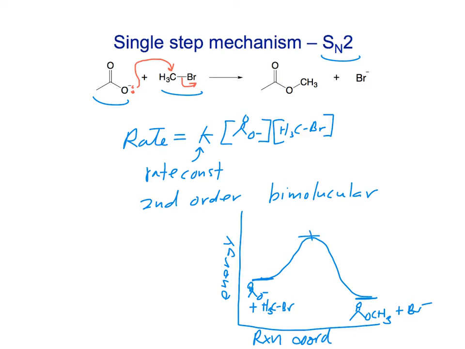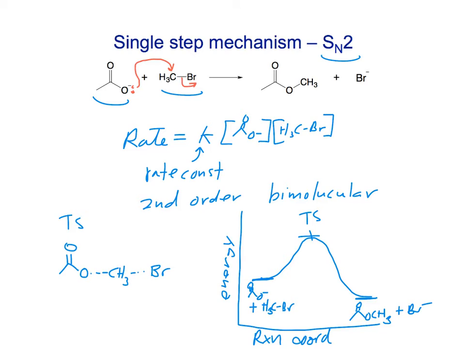The transition state up here would involve forming the bond and breaking the bonds. So we might draw it out looking something like this. We're going to be forming a bond to the carbon, and we're going to be breaking a bond to the bromide.